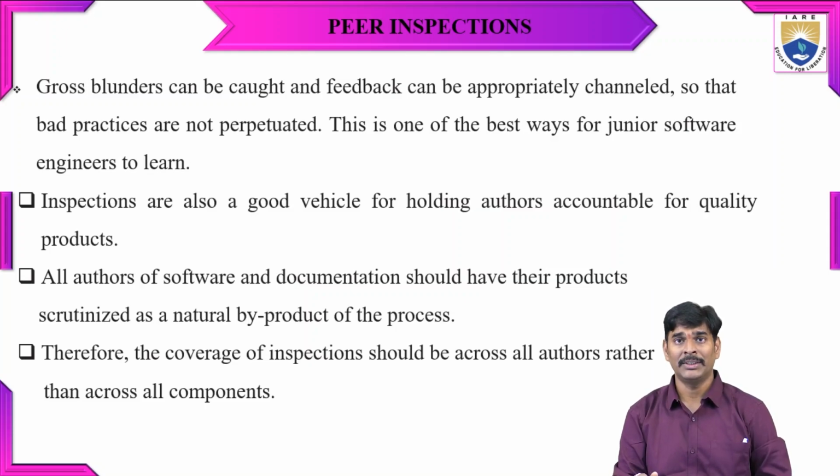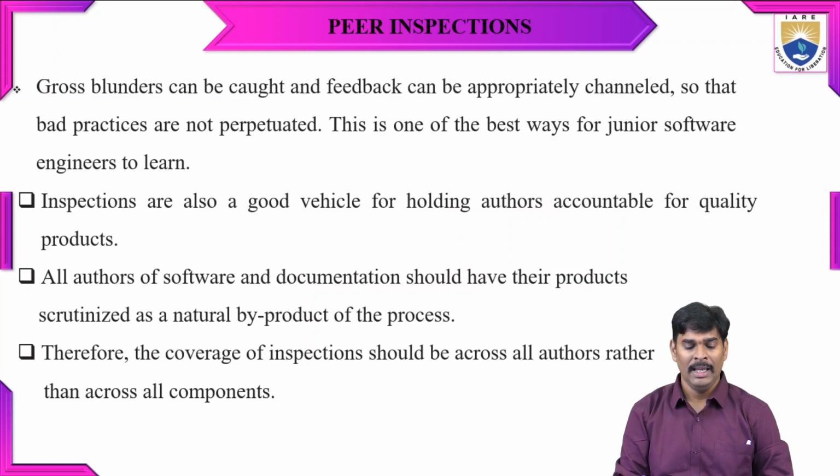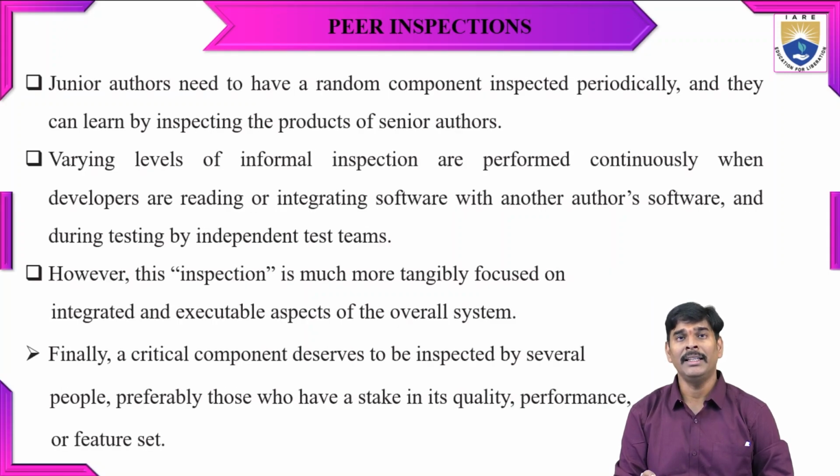in a smooth manner. So overall here we have the coverage of the inspection, so that they check all the authors and the different types of components in the peer inspection. And here the junior members or the authors need to have random components inspected periodically.